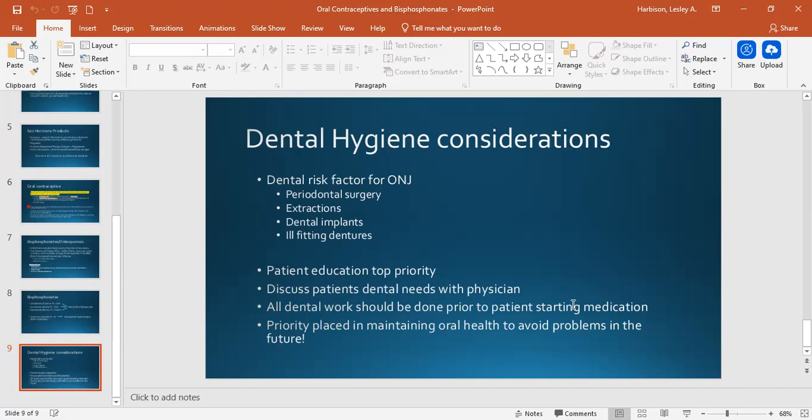You need to know what's in the body, what is the sig. You might have a test question asking about the different parts of a prescription, and then those couple Latin abbreviations that I wanted you to know. And then what's highlighted here, and the dental hygiene considerations is also something that you should know as well.